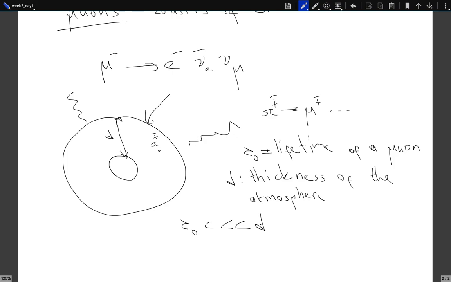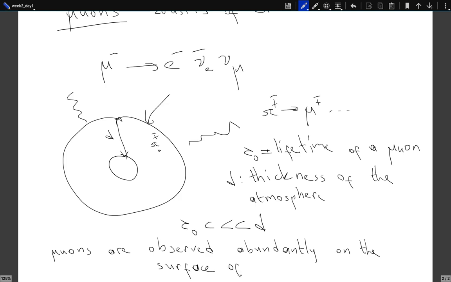But still we observe muons. We see many muons on the surface of the Earth. They are created in the upper regions of the atmosphere. They travel very close to the speed of light.